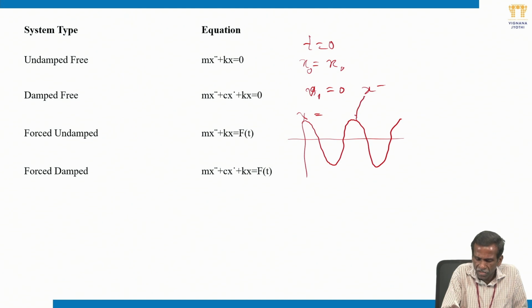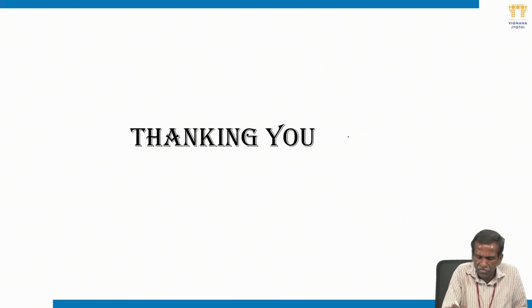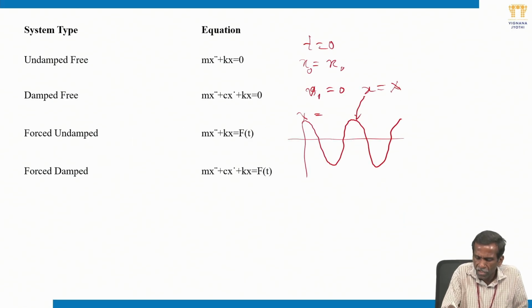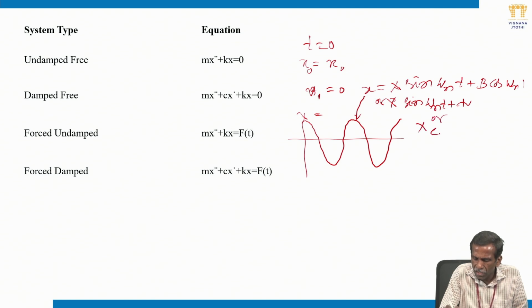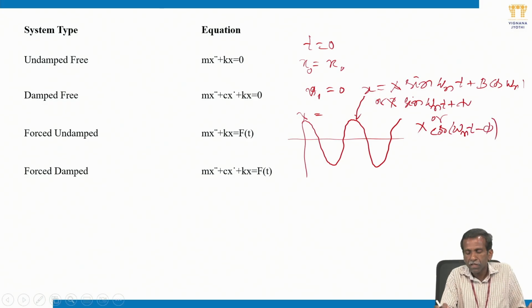The equation for this sinusoidal variation is x equal to a sin ωn t plus b cos ωn t, or x equal to X sin(ωn t + φ), or x equal to X cos(ωn t minus φ). All are representing the same curve.